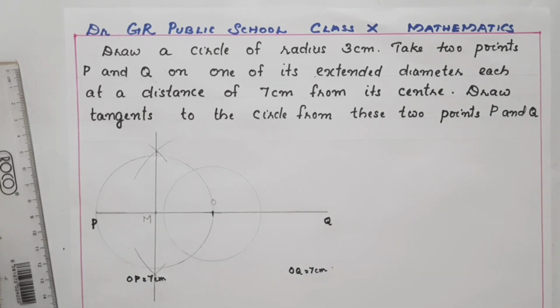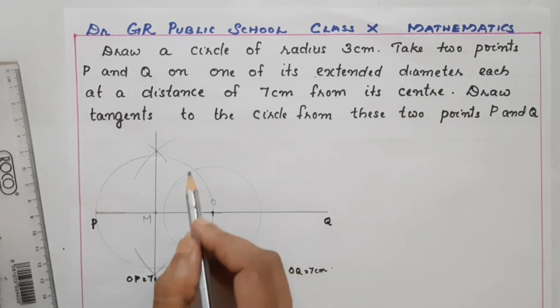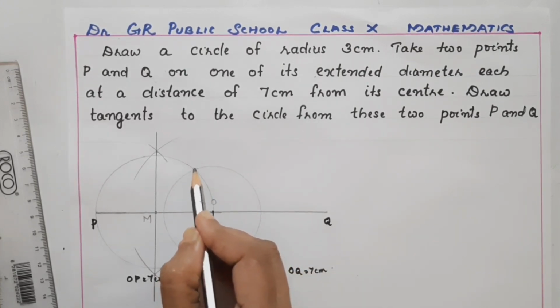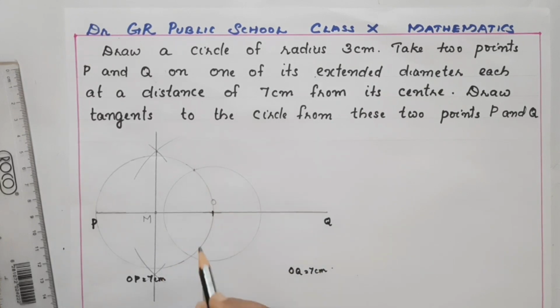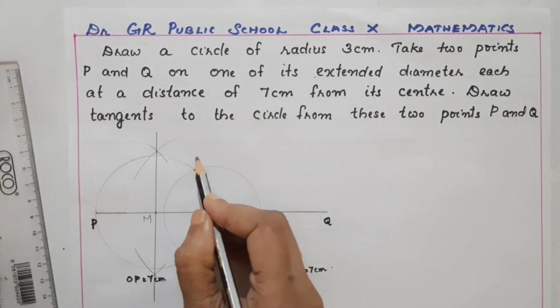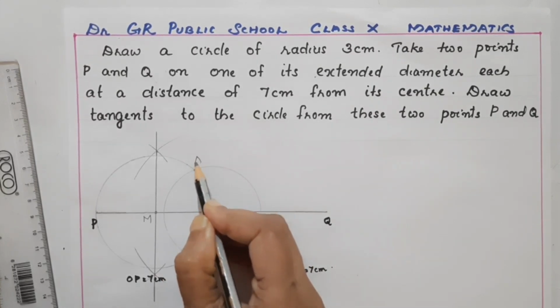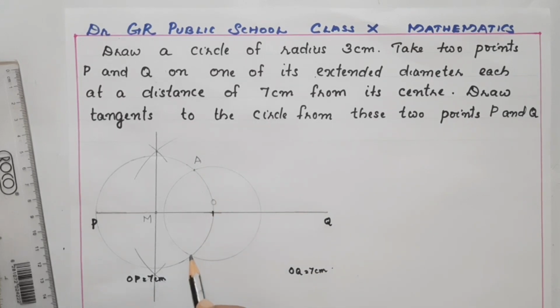Okay children, now you can see this circle is intersecting our first circle at this point. So here we can name it as A and this can be named as B.